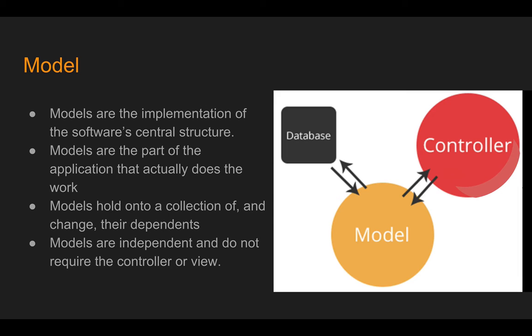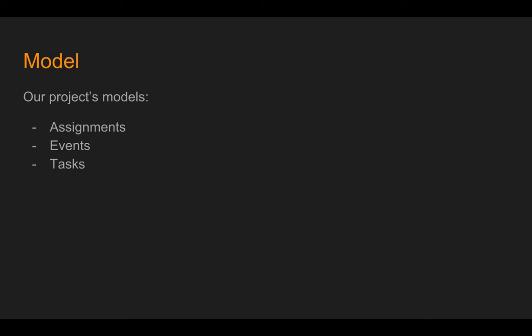This is the main functionality of the application, and it's the part that actually does the work. They hold on to data and deal with it, and they're also independent from the other parts of the application. They don't require the controller or the view to work, but they are all connected and do communicate with each other.